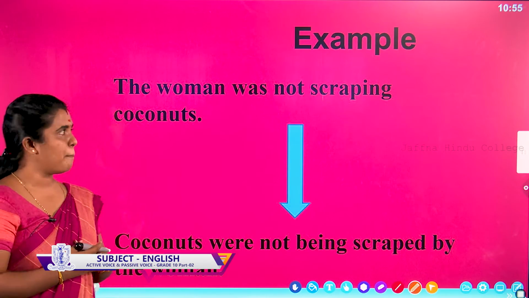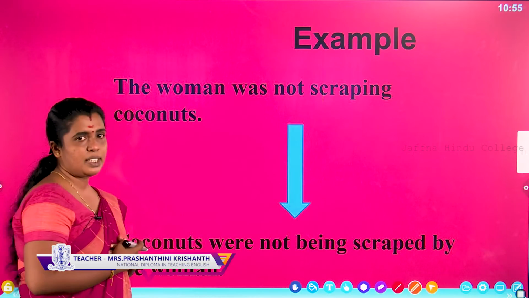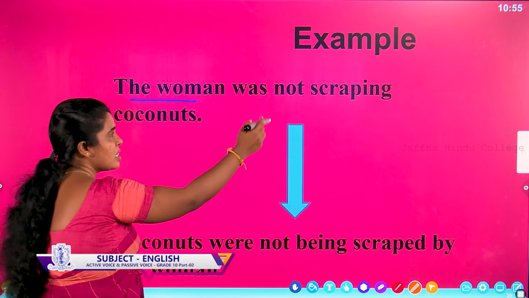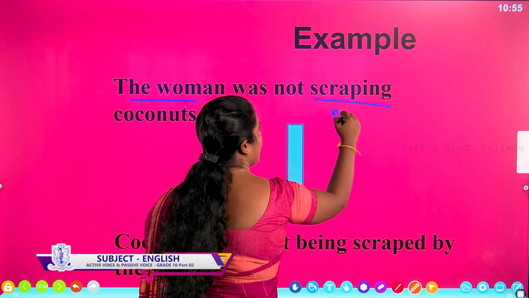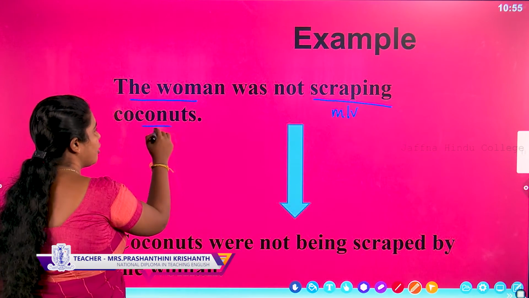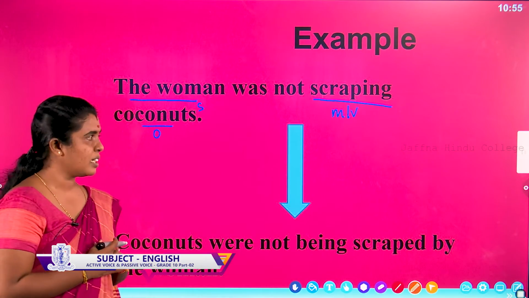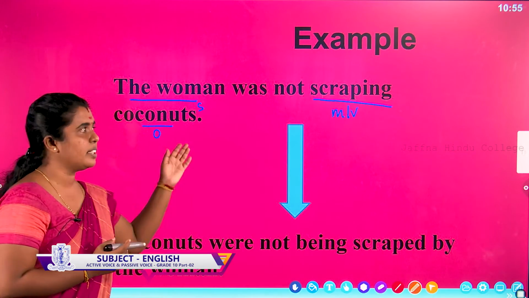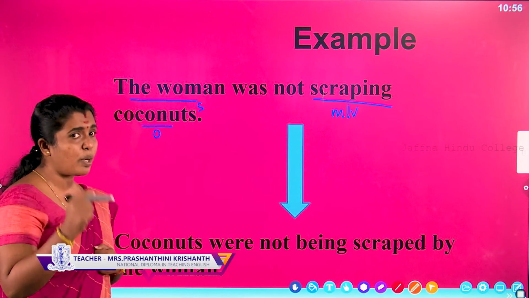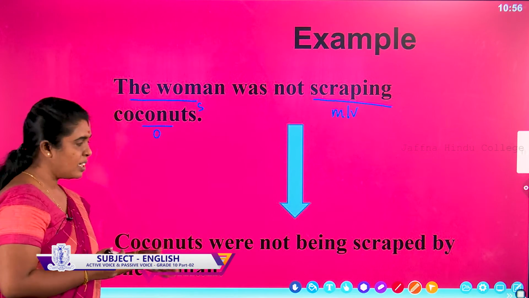Right, see this example. The woman was not scraping coconuts. Okay, subject here, the woman was not scraping, right, main verb, scrape coconuts. So this is the object of the sentence, right? This is subject and this is object. Now we are going to change this sentence into passive voice. So we have to take the object first. So what is the object here? Coconuts.